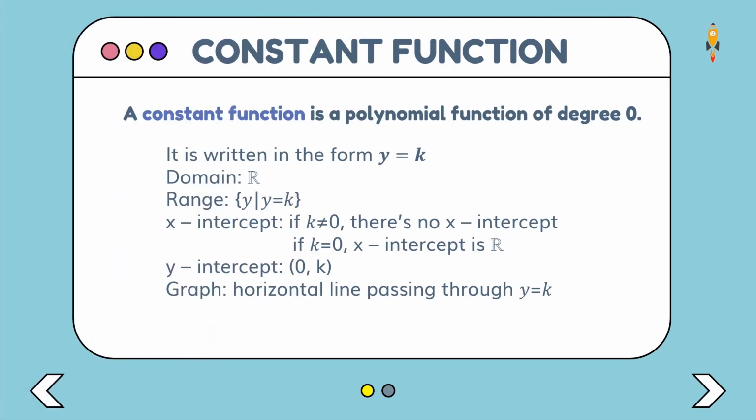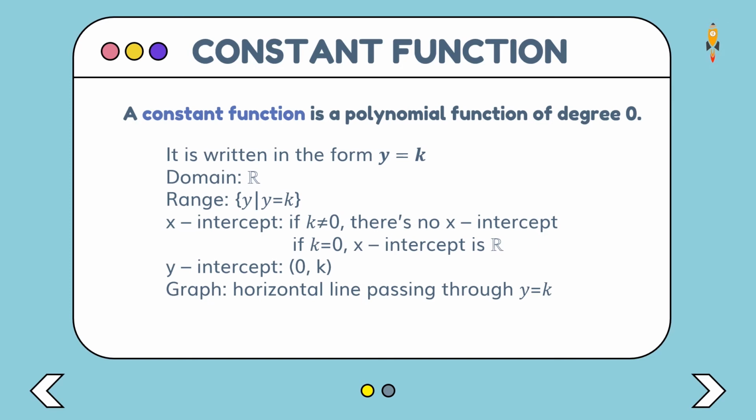Constant function. A constant function is a polynomial function of degree 0. It is written in the form y is equal to k. The domain is R, while the range is the set of all y values such that y is equal to k.